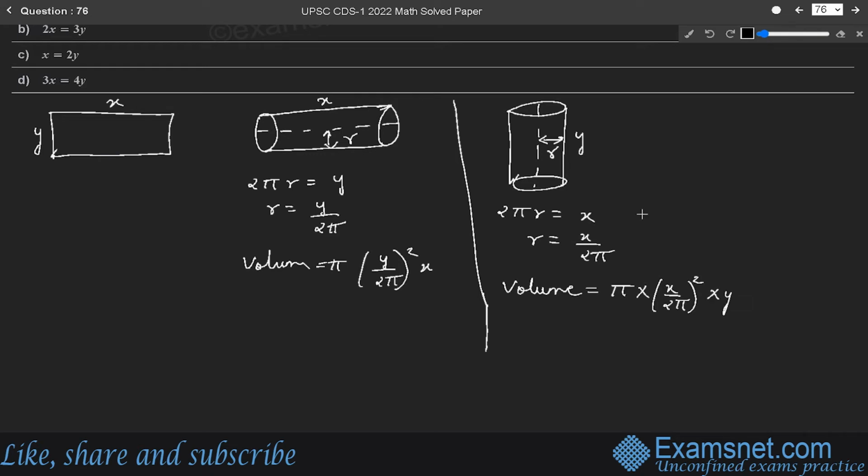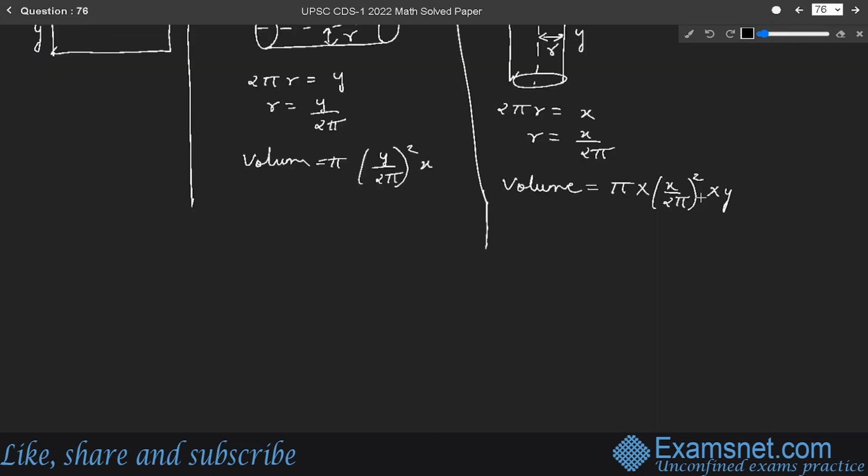I hope all these conditions are clear to you. First, it is given that there is a rectangular sheet and then it is rolled along its breadth and then it is rolled along its length. Now, according to the question, Q is equal to 2P. So, pi into x square upon 4 pi square into y is equal to 2 pi into y square upon 4 pi square into x.